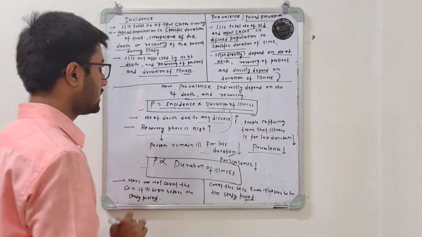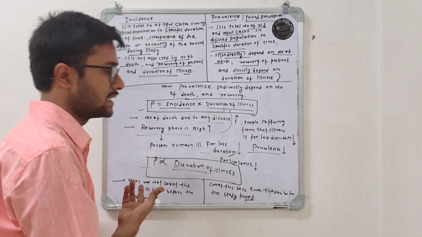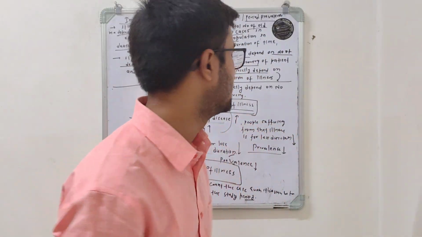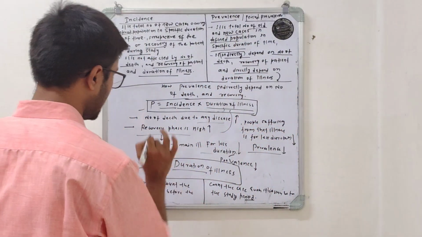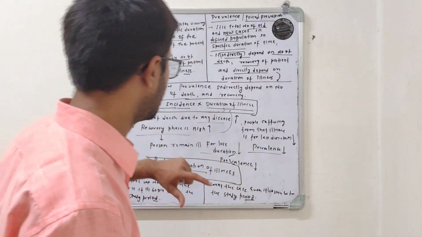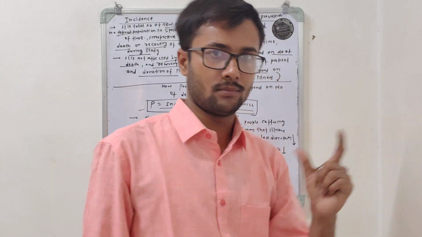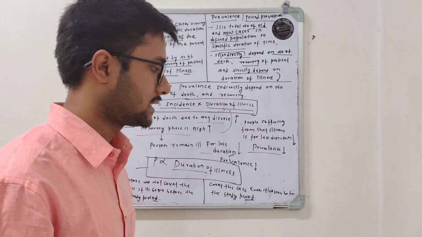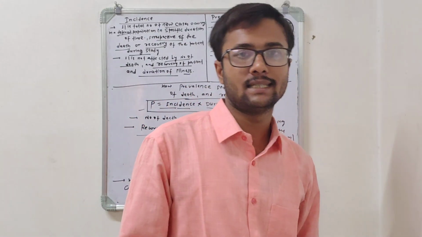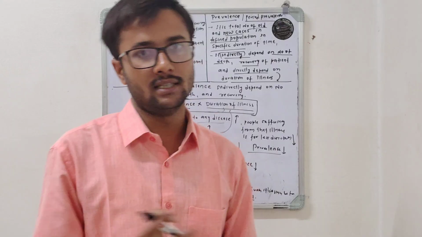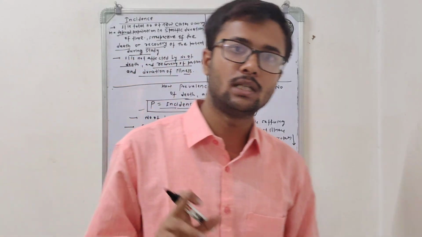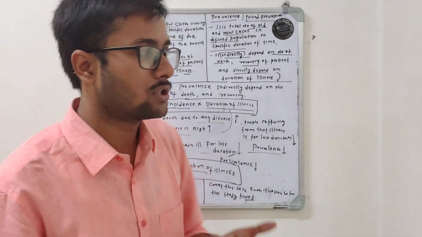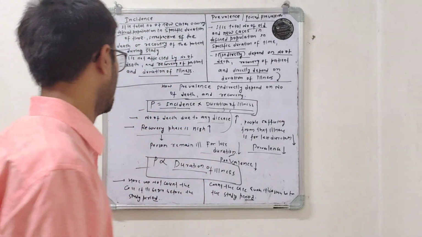The third, direct parameter is the duration of illness. We can see in the formula that prevalence is directly proportional to the duration of illness. So here we discussed how the number of deaths and recovery indirectly affect prevalence. But such things are not seen in the case of incidence. Incidence does not depend upon the number of deaths, the duration of illness or the recovery phases.